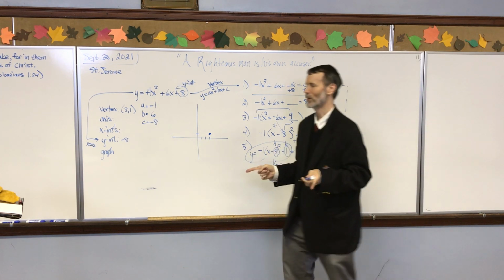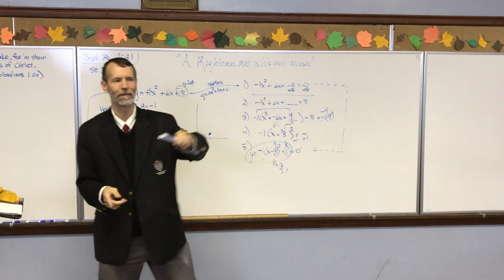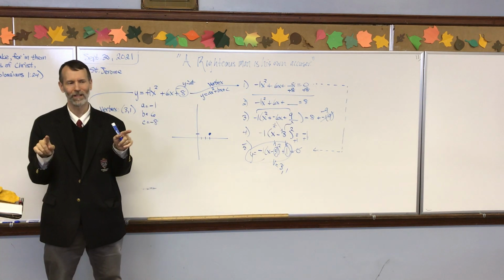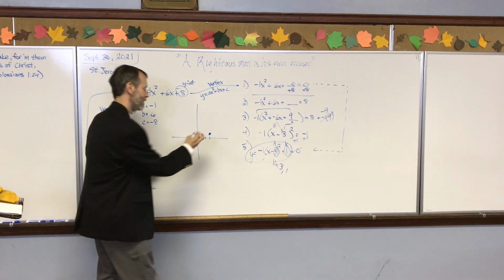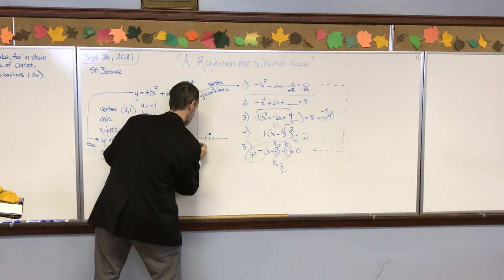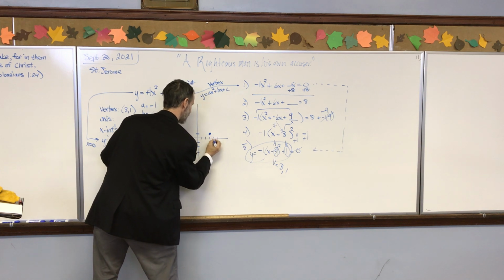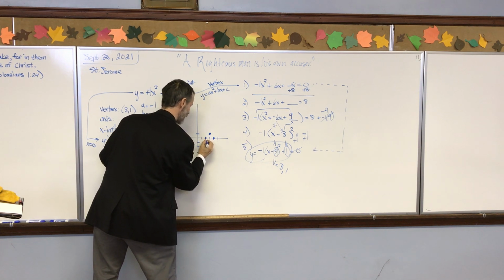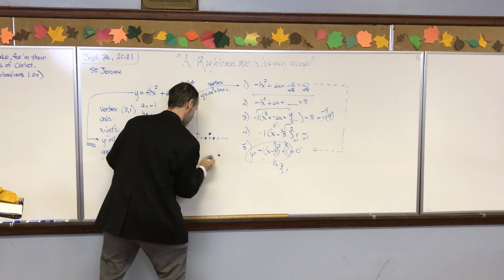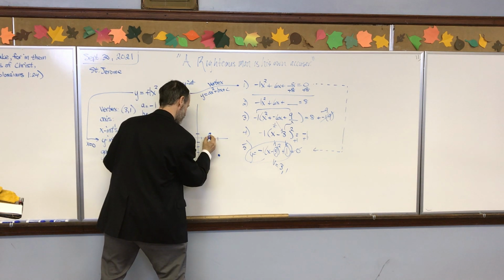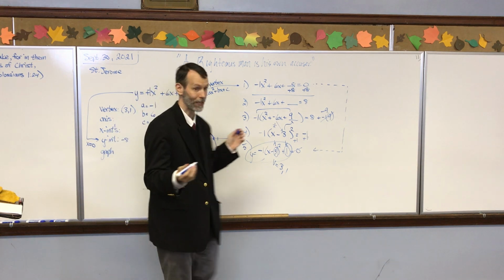Normal height. It just happens to be going down. So give me the pattern for that. Over 1, down 1. Over 2, down 4, etc. That's what you do here. Over 1, down 1. By the way, I just gave you something for free. Then over 2, down 4. And there's your graph.